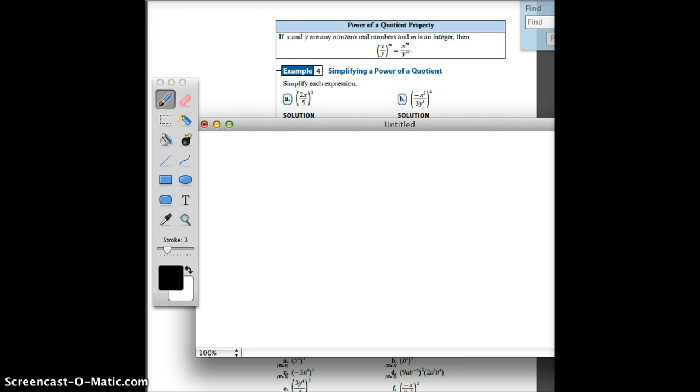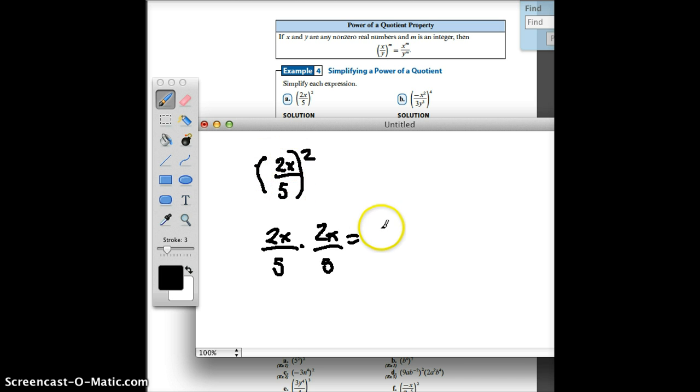So for example, for a, it is 2x to the 5th, squared. That means it's 2x to the 5th times 2x to the 5th. Those parentheses mean that it applies to both the top and the bottom. So you would just multiply it, 4x squared times 25.